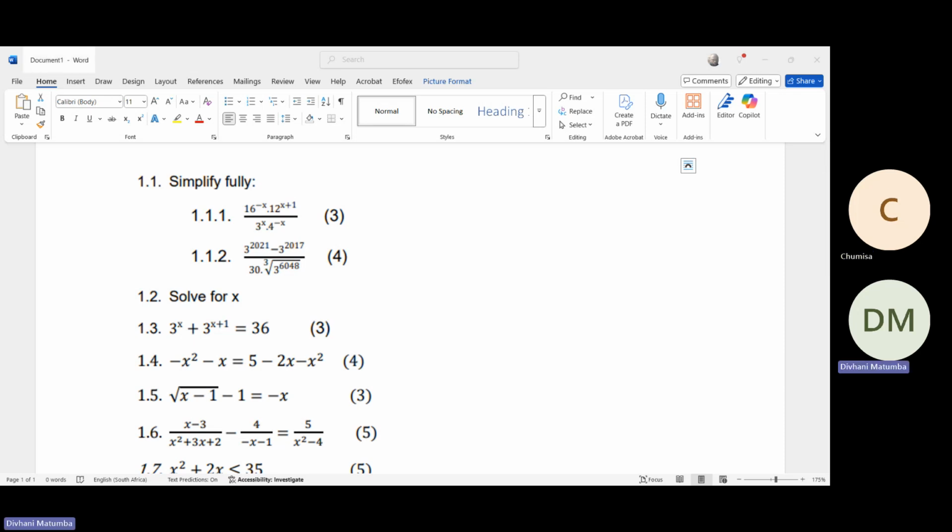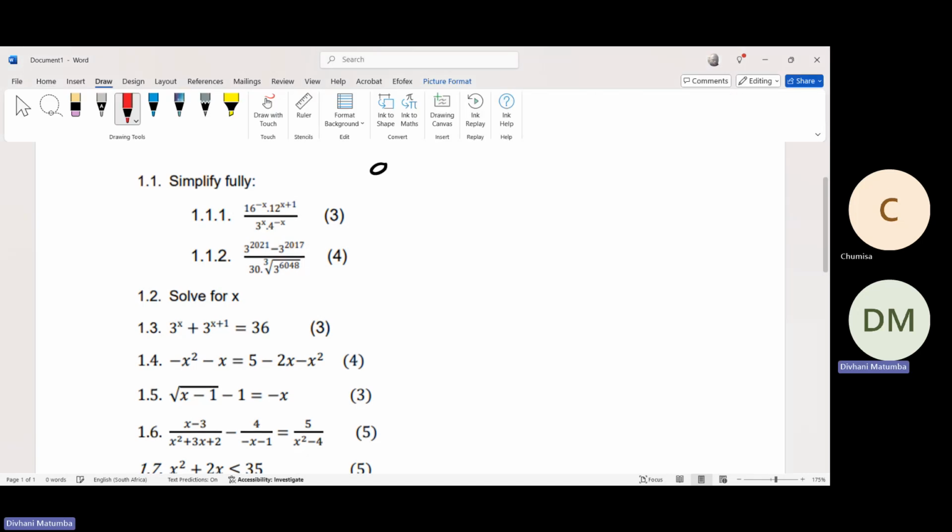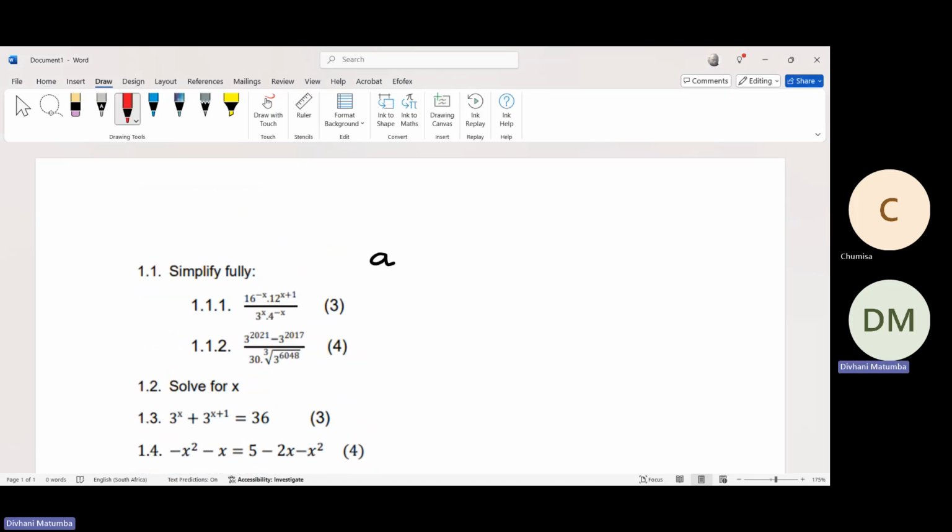Okay. Now, the rules of exponents. If you have a to the power of n times a to the power of m, what is the answer?